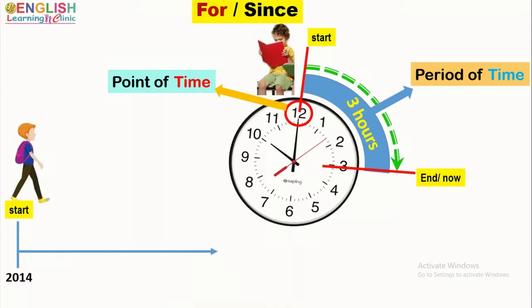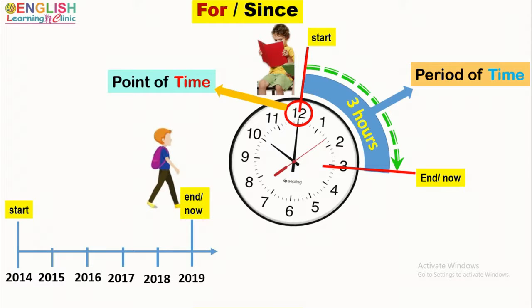This is a student going to school. He started going to school in the year 2014. He was going to school throughout the years of 2015, 16, 17, 18 and till now 2019. He started his action at this point of time, and so this is called point of time, and he is continuing his action for 6 years.